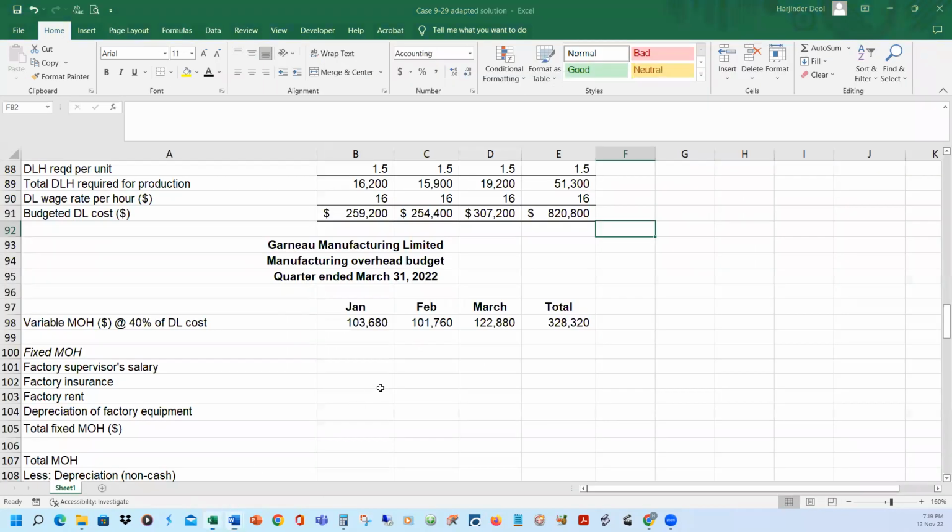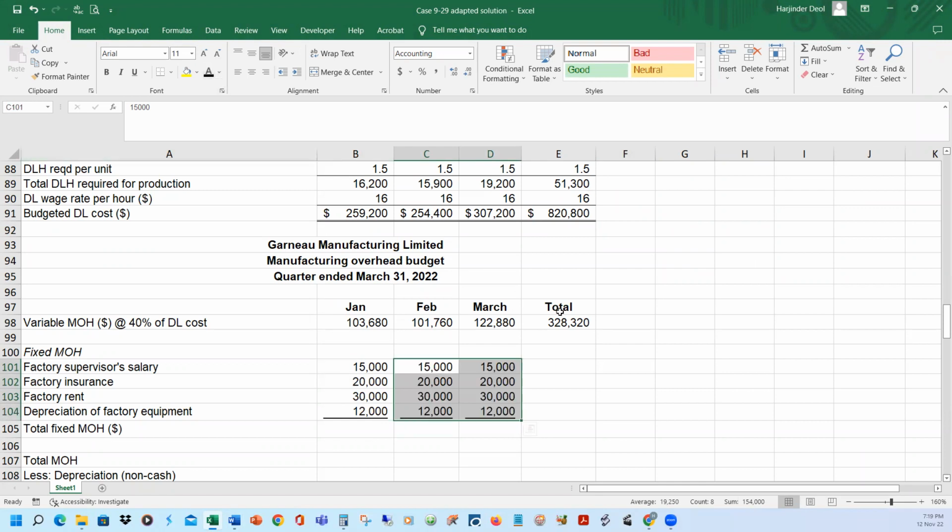So these are the monthly costs. And by definition, fixed overhead doesn't change with volume of production as long as the production volume lies within the relevant range. So total cost is $77,000 in each of the months. And that's the total fixed manufacturing overhead.